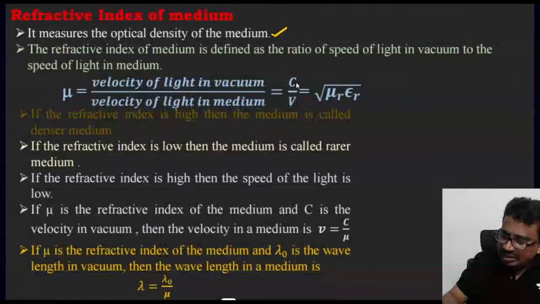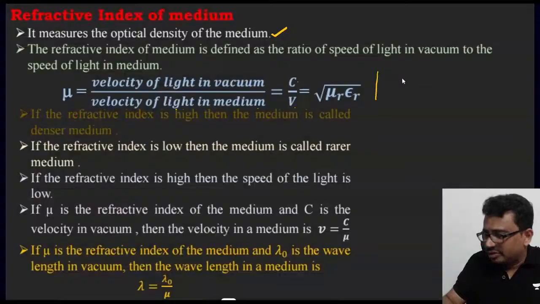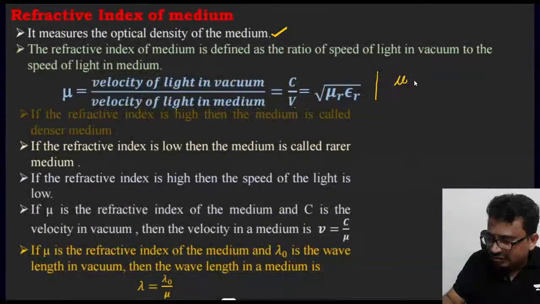That is given as c, the velocity of light in free space, which is 3 into 10 power 8, divided by v, which is given as what, tell me, root of mu r into epsilon r. In general, mu r is 1, so the refractive index of a medium is given as square root of epsilon r.